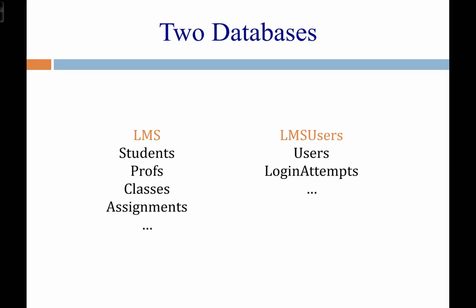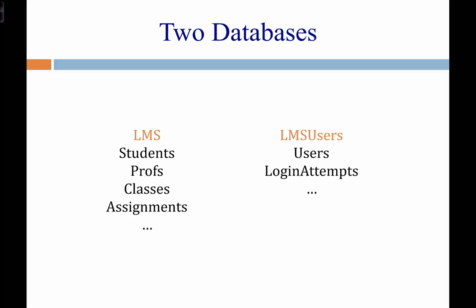Well, the way this is typically done is with two different databases. So there's the LMS database, which has information about relationships between the entities in the LMS: classes, professors, assignments, grades, things like that.